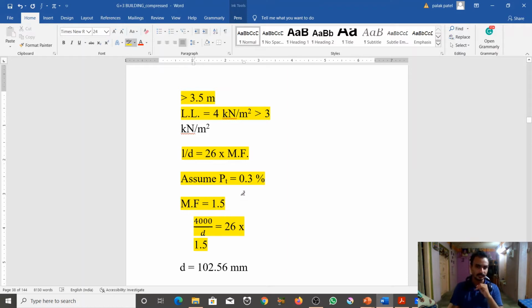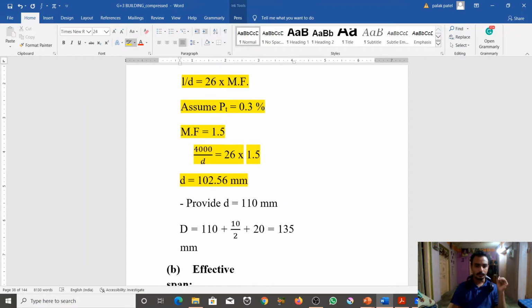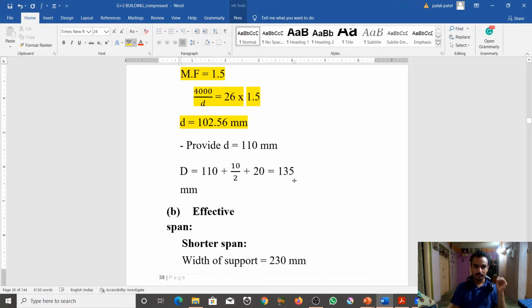MF 1.5 is given, so we can find out d. 4000 divided by d is equal to 26 into MF, so d, the effective depth, is 102.56. So we can provide d as 110 mm. This is the effective depth which we provide.